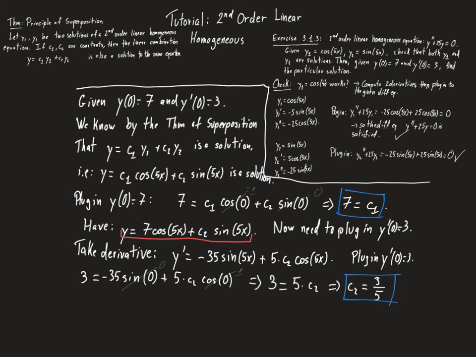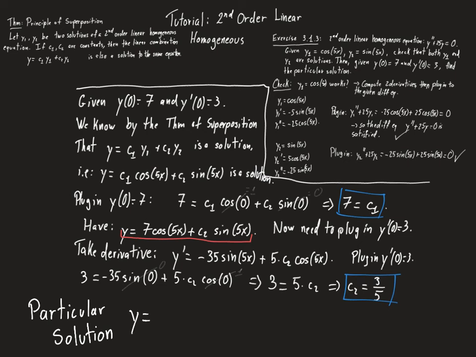So we get the solution, or the particular solution, where we've found that C1 is equal to 7 and C2 is equal to 3/5. So therefore we have the particular solution.